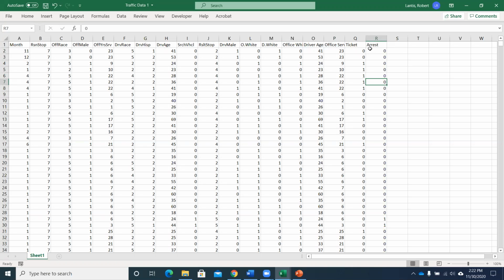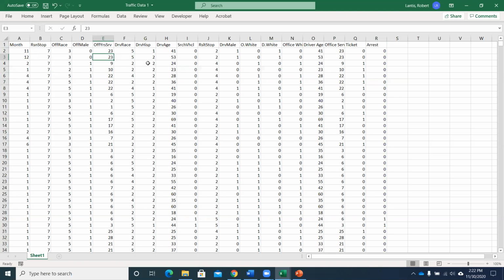Okay? So let's say I have this data set, right? These are traffic stops in a large, diverse city in southeastern Texas, which I assume is Houston. The original data set was much larger.